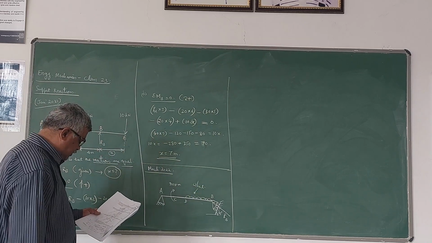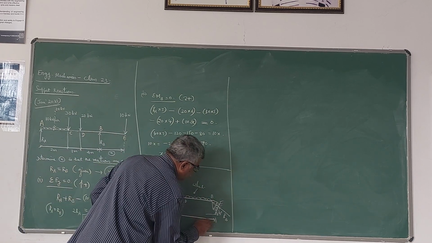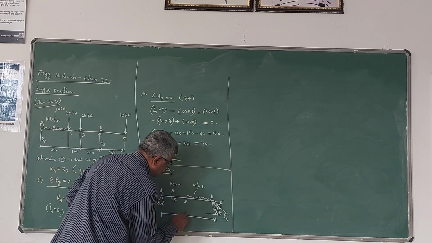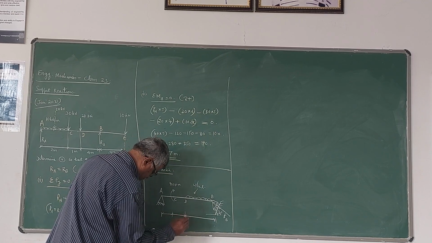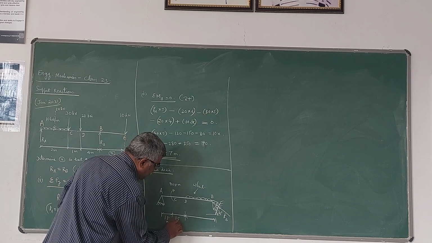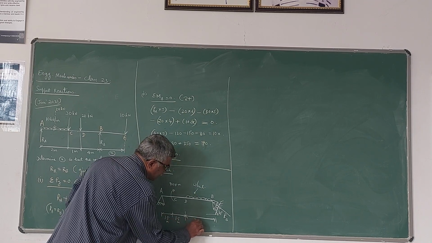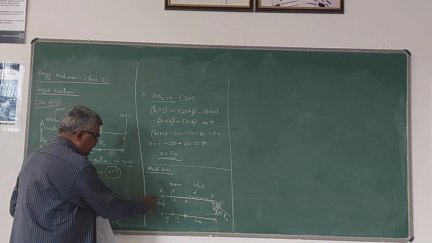The distance from A to C is 1.5 meter. From C to D is also 1.5 meter, and this is 3 meters. These are the distances. Now this is a hinge end.